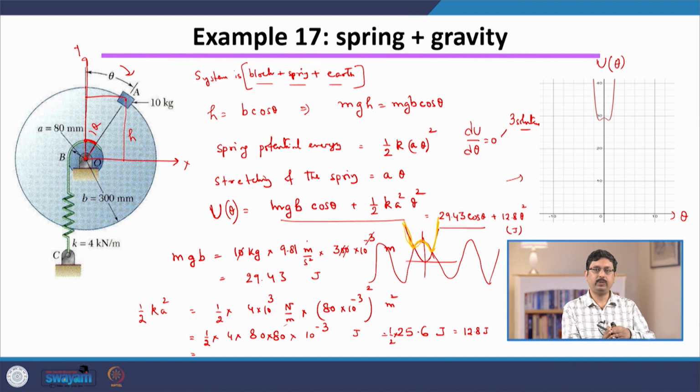So, it is trying to prevent the fall of the block. Then at some finite value of theta, there will be some position where these two effects balance each other, and that will be an equilibrium position.